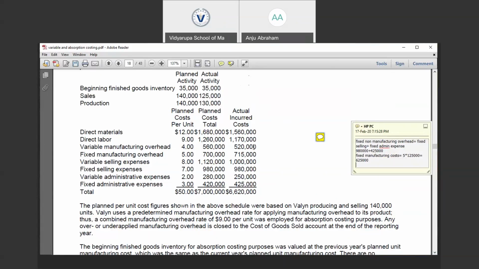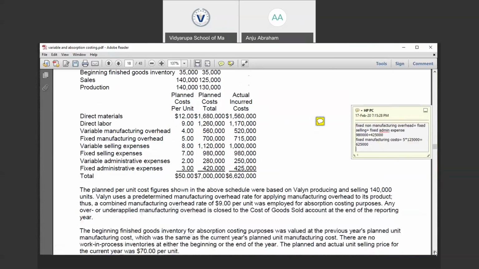So what will be the total fixed overhead that is to be expensed? Just add all the fixed cost together.